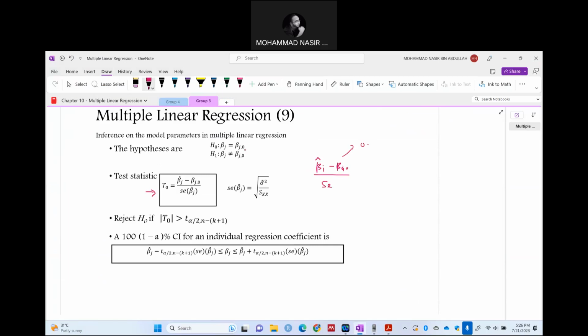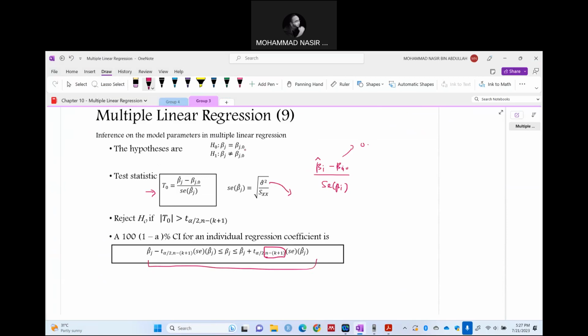The standard error of beta i is equal to the standard deviation of estimate divided by the square root of SSX. This is the confidence interval for regression coefficient, same as previous, but the difference is the degree of freedom. We take degree of freedom from the ANOVA table, n minus (k plus 1), right?